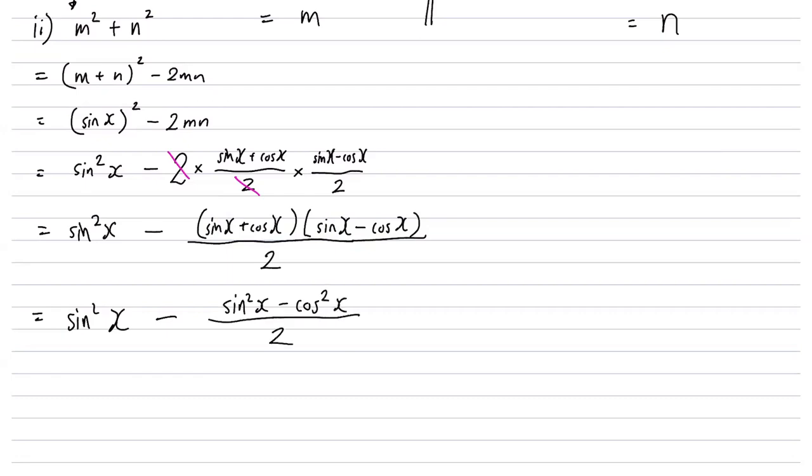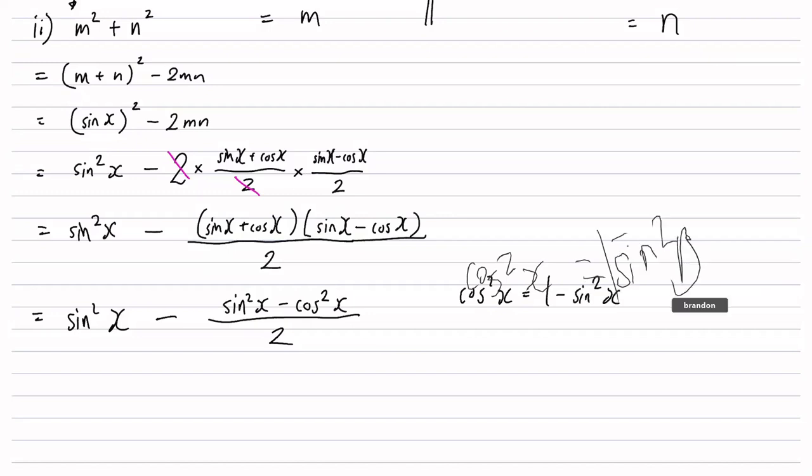All over 2. Then you can sub in the cosine square with 1 minus sine square x. Good choice, because you see a sine square here, right?